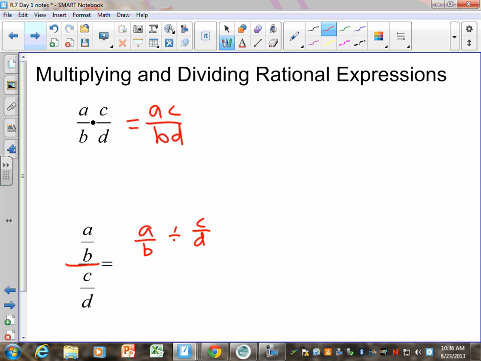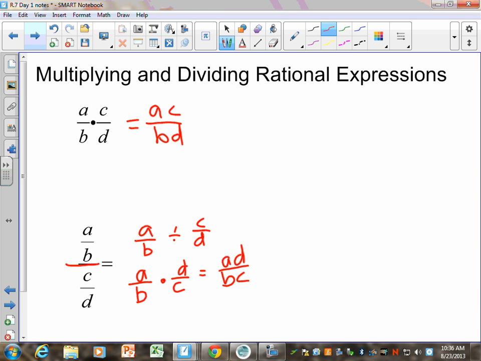And how do you divide fractions? You multiply by the reciprocal. So you leave the first fraction alone, you change your division to multiplication, and you multiply by the reciprocal. So you're never actually going to divide, because when you divide, you're really just multiplying by the reciprocal. So this would be the same as A times D over B times C.